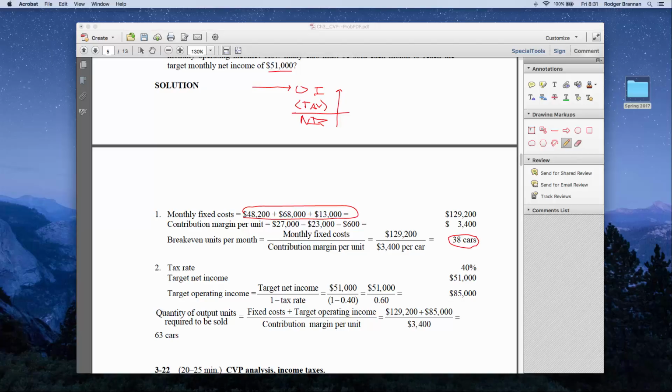My variable costs per unit are basically $23,600. When I subtract that from the sales price, it gives me this contribution margin per unit. The basic formula, and actually it's always that, is fixed cost plus operating income divided by contribution margin. At the break-even point, we're assuming that operating income is zero, so we can ignore it. So again, 38 cars.